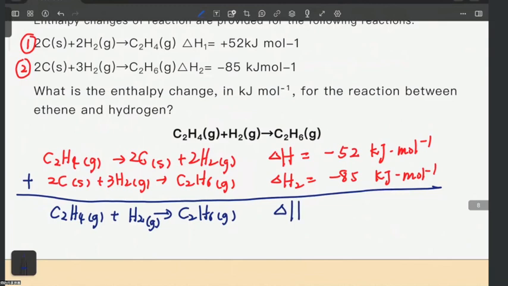So the total enthalpy change will be minus 52 plus minus 85, which is minus 137 kilojoules per mole. So isn't it easy to solve this problem? In industry, we use this more often to solve practical problems. That's why we use this in different ways.